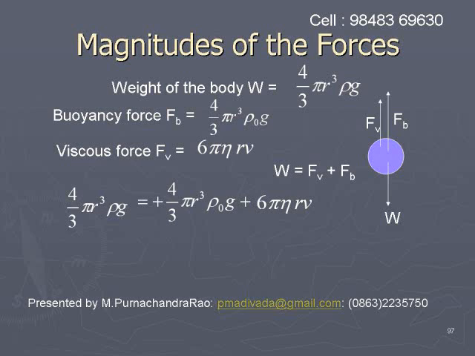From this relation, we can obtain the terminal velocity v is equal to 2 by 9 into r square g into rho minus rho 0, divided by eta. This is the relation which can be used for determining the terminal velocity of the spherical body.